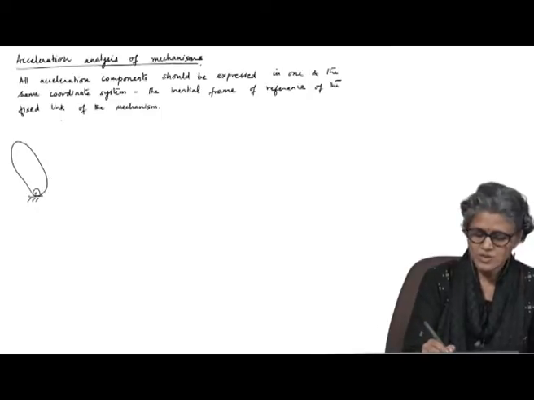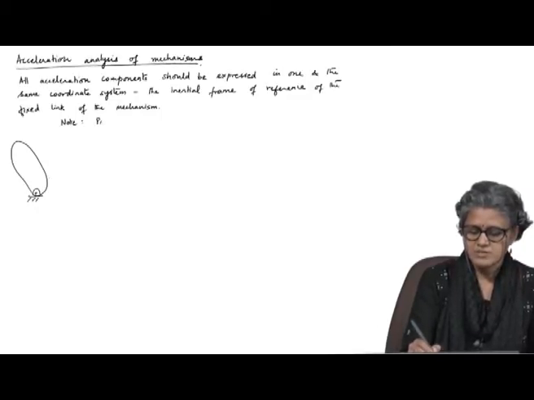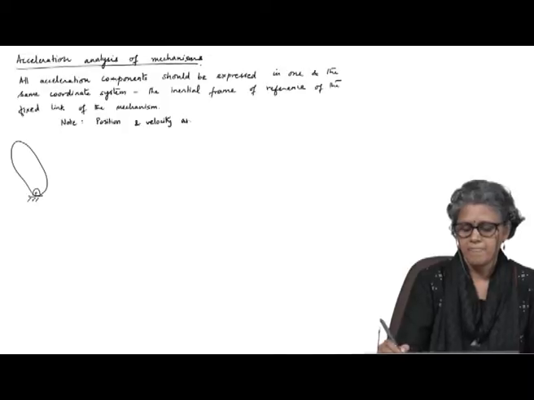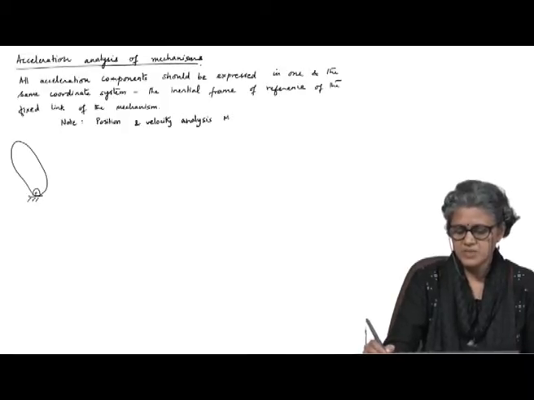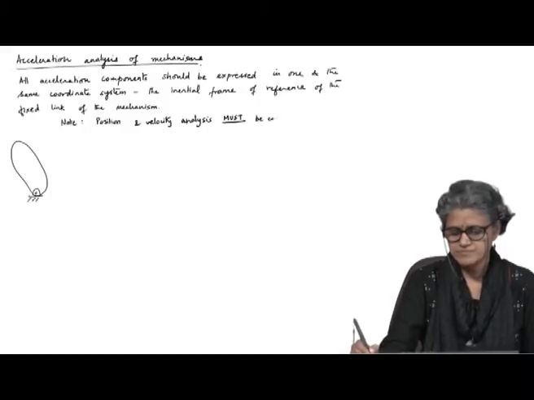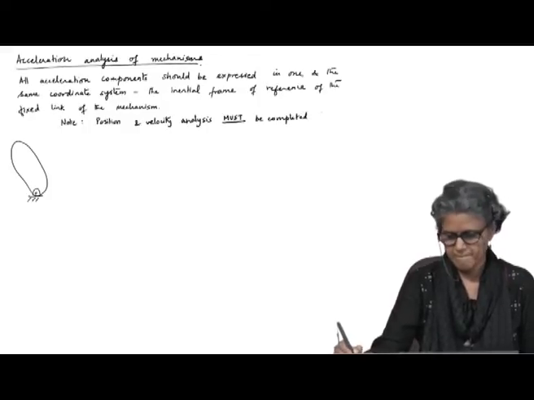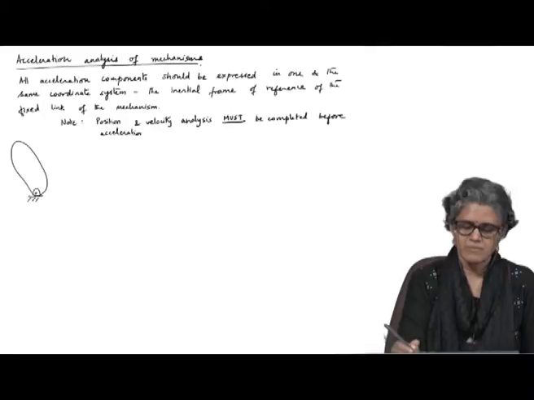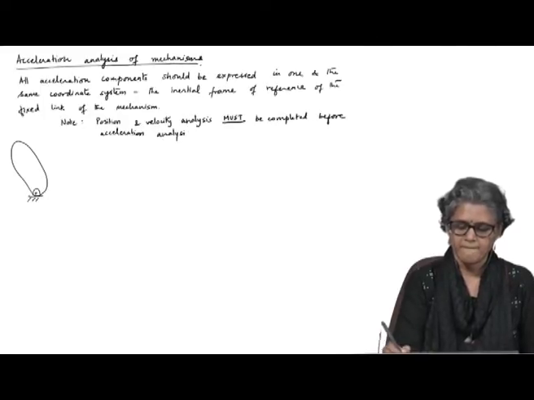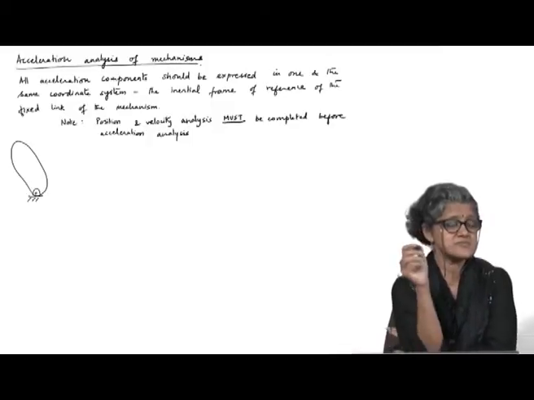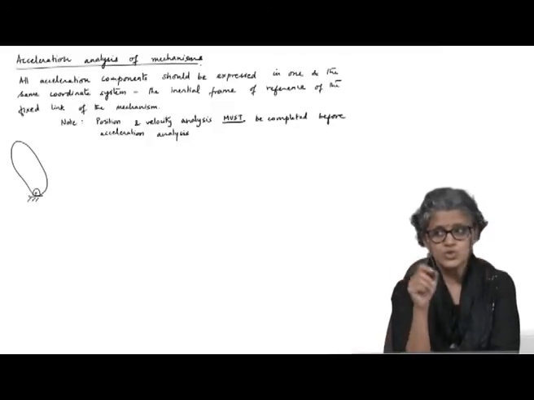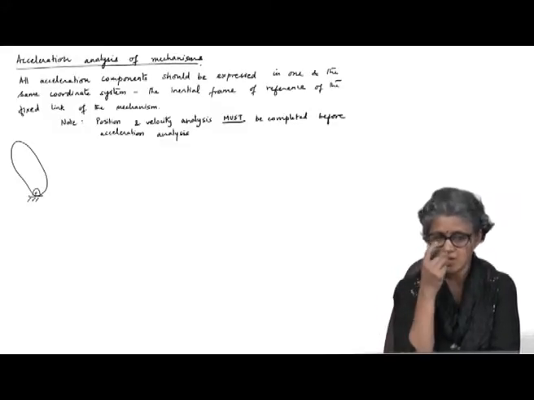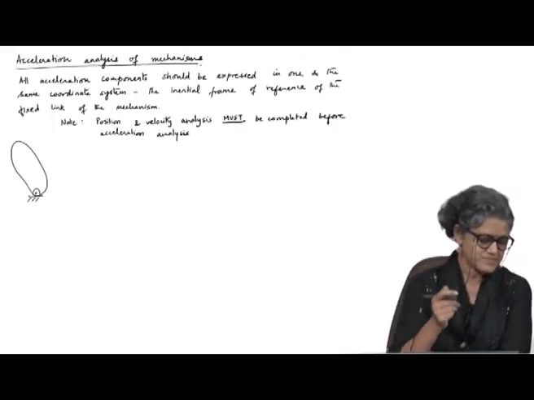Note that position and velocity analysis must be completed before that, at least for the position of interest, because there will be quantities from the position and velocity analysis you will need for the acceleration. They need to be known before you can solve for the unknowns in the accelerations.